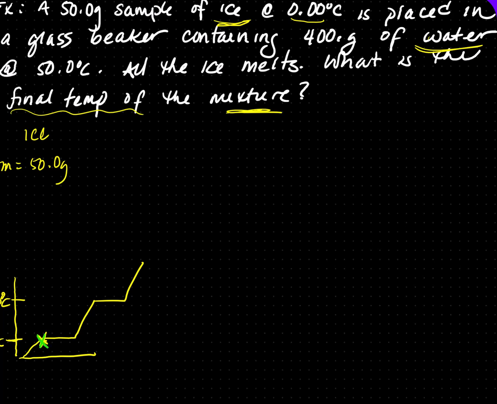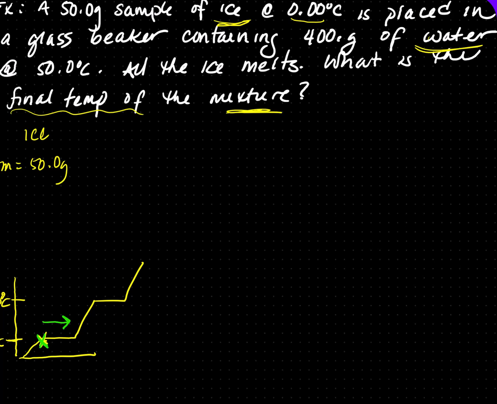It's at this point. Since we have a final temperature and the ice is at a lower temperature, we know the ice is going to melt. In order for our ice to melt, we have to go towards the right by adding more potential energy and heat energy.